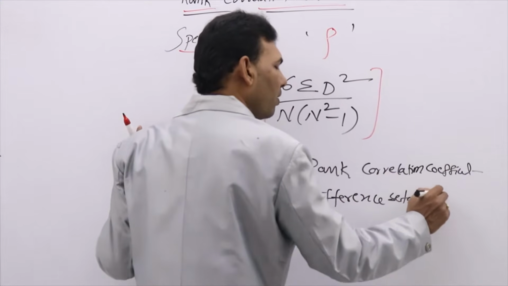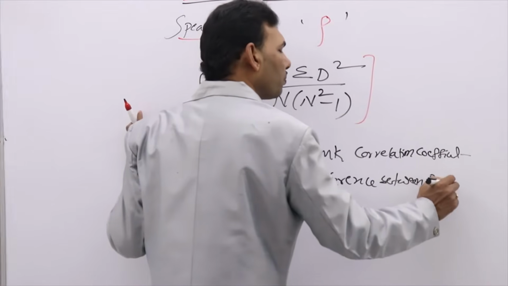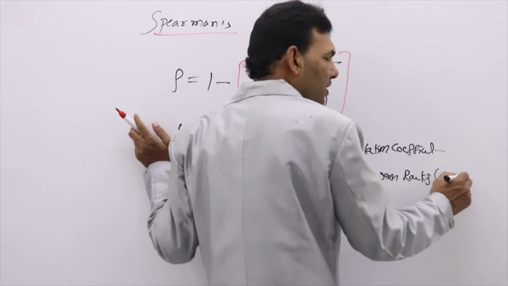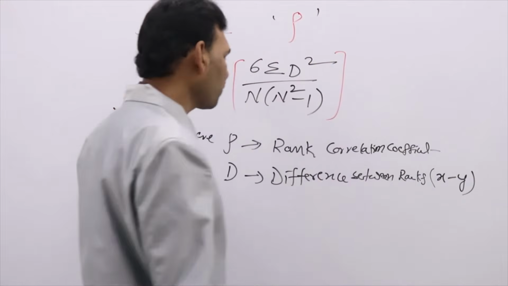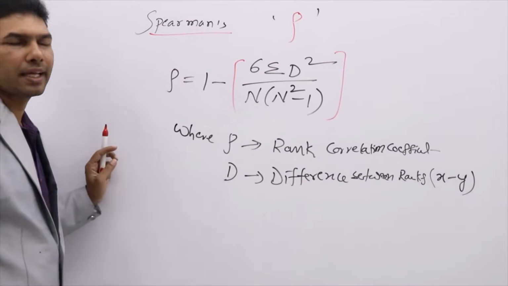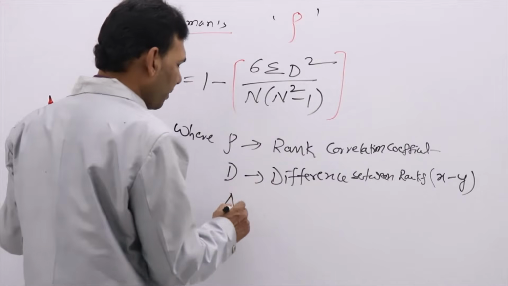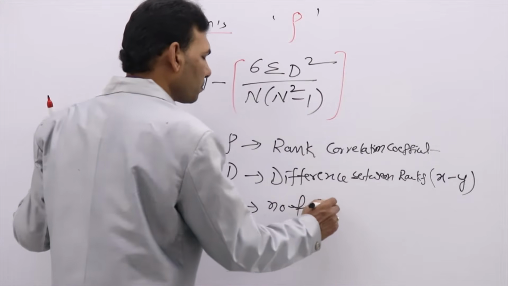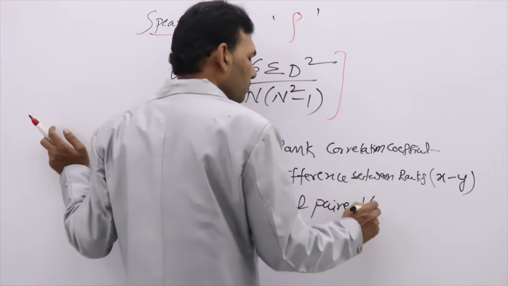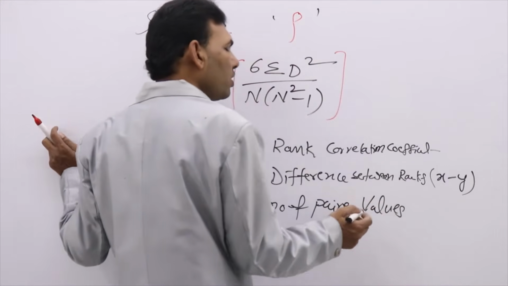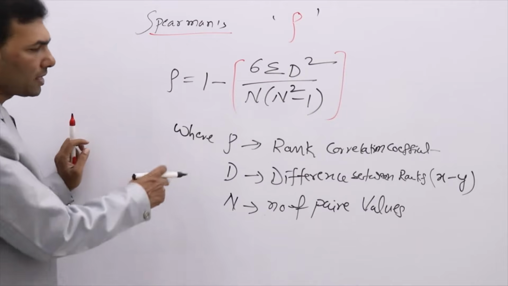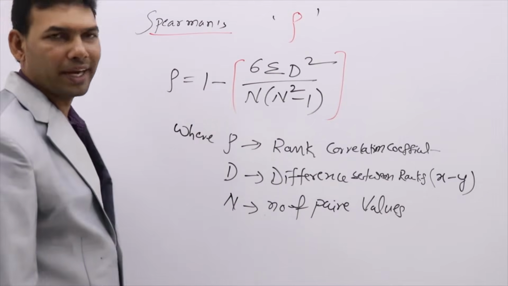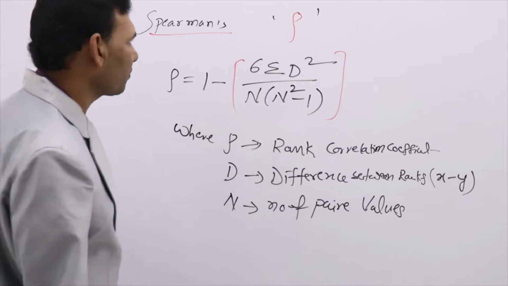Two ranks you will have. If you assume the rank of the first values is x and the rank of the second values is y, x minus y will be d. Next, n is the number of paired values. How many pairs of values are given? That is n. If you can evaluate this, you can easily evaluate the rank correlation coefficient.